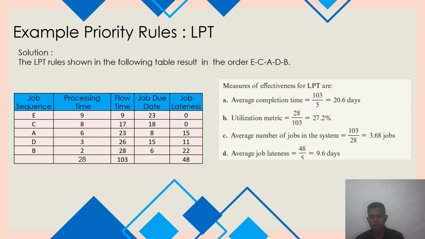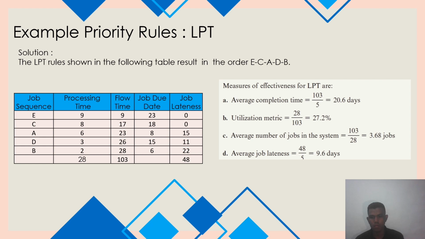And B, the utilization metric is total job work processing time per sum of total flow time. Total job work processing time is 28, and sum of total flow time is 103.